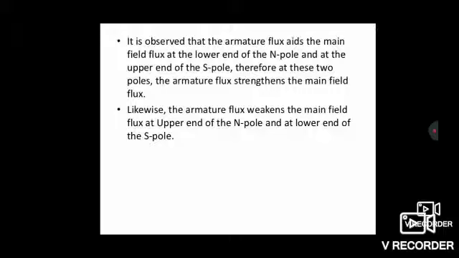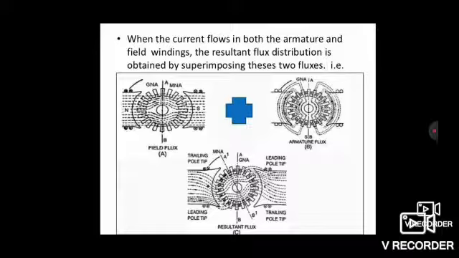It is observed that the armature flux aids the main field flux at the lower end of the north pole and at the upper end of the south pole. Therefore, at these two pole tips, the armature flux strengthens the main field flux. Likewise, the armature flux weakens the main field flux at the upper end of the N pole and at the lower end of the south pole. See the diagram.